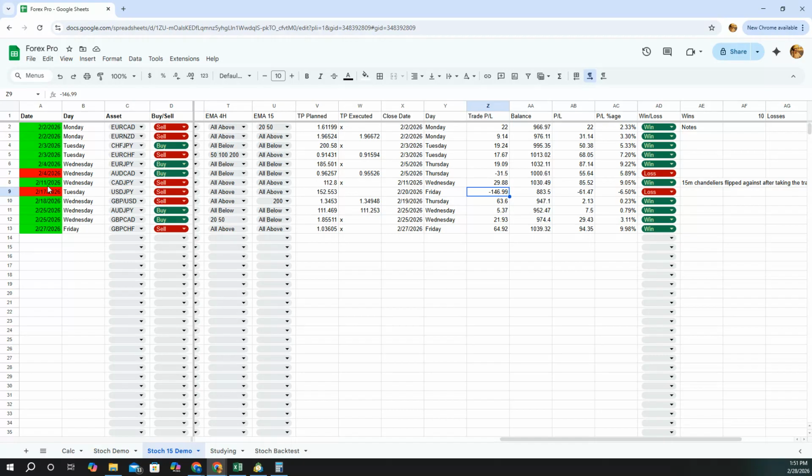It took 3 weeks of profits. It took the profits of this trade, the GBP USD, and then took all that. So once we're done with this day, we're up $2 only. So we're back to square one, back to the original capital. So that one trade was without a stop loss.